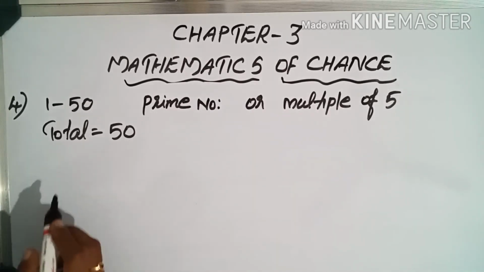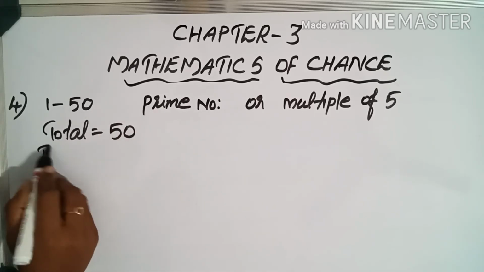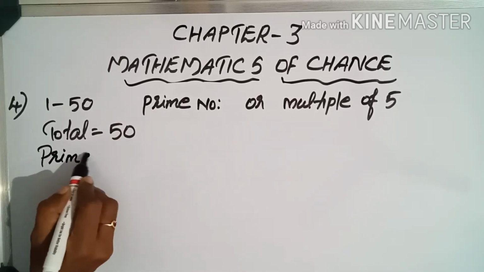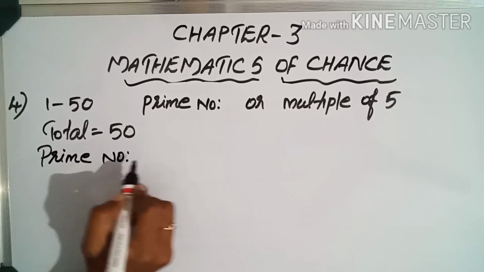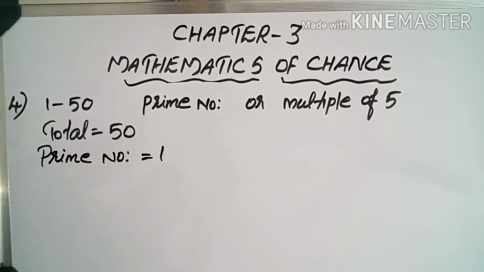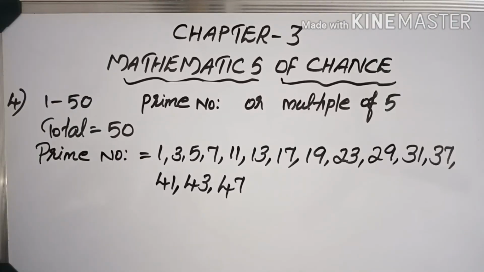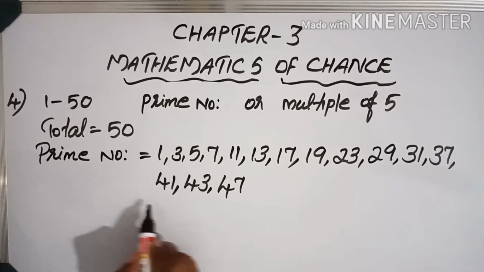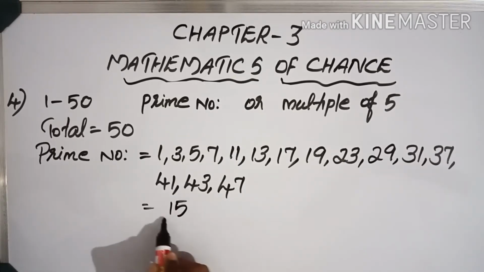Which are the prime numbers between 1 and 50? These are the prime numbers between 1 and 50. Here total 15 prime numbers are there. You can count, total 15.